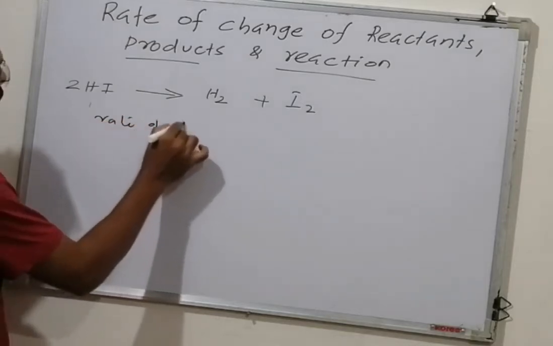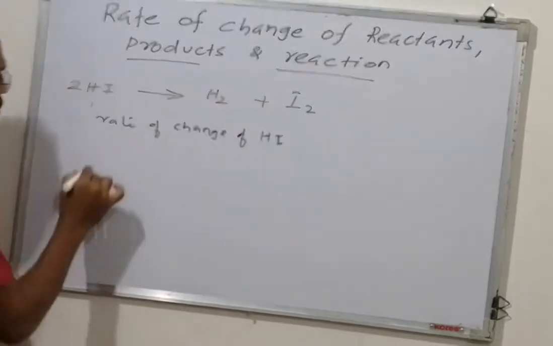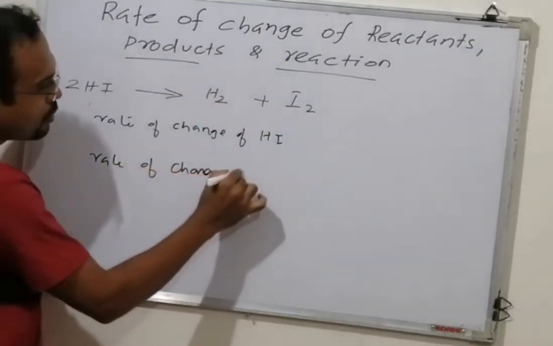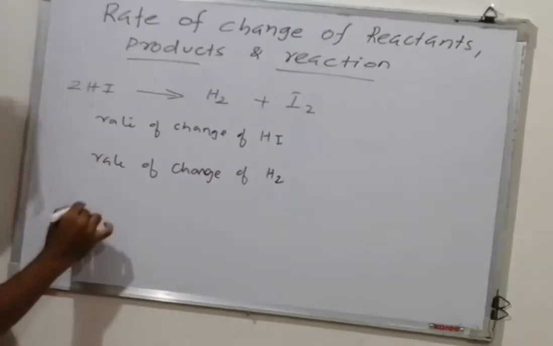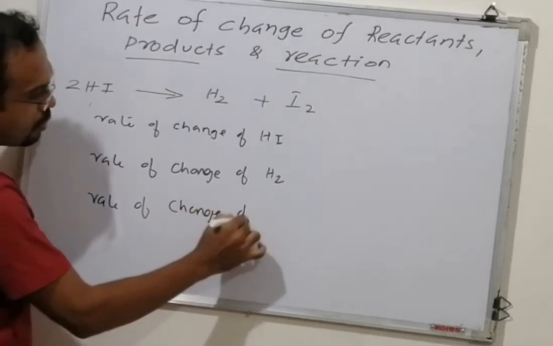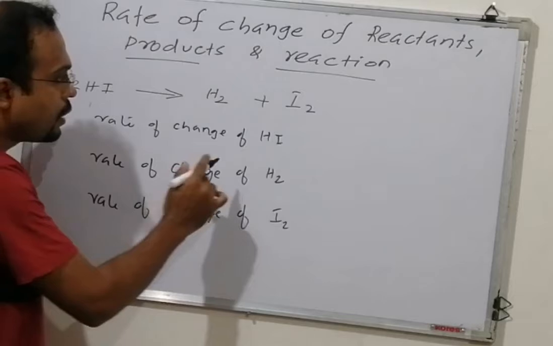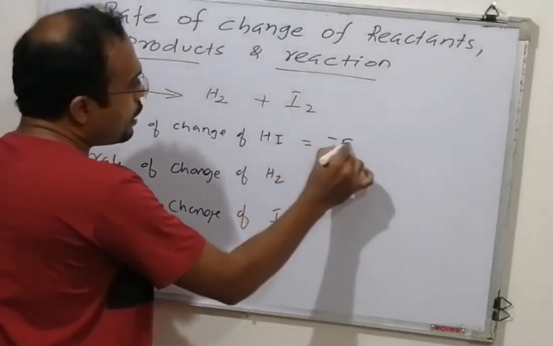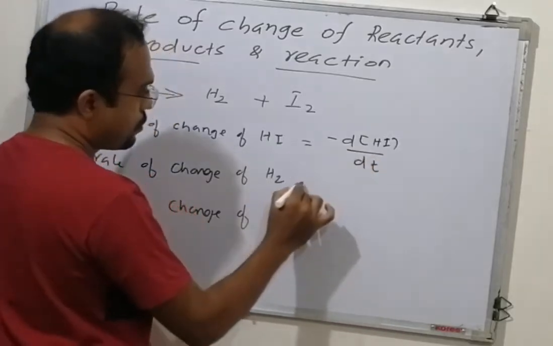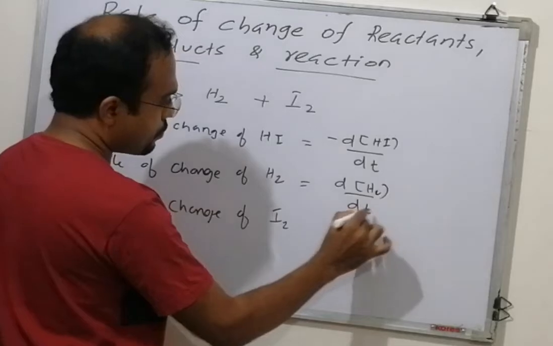Rate of change of HI, rate of change of H2, rate of change of I2. This is minus d[HI]/dt. This is d[H2]/dt.